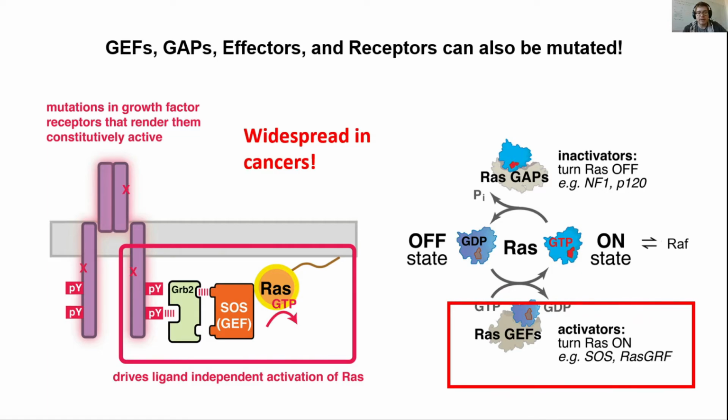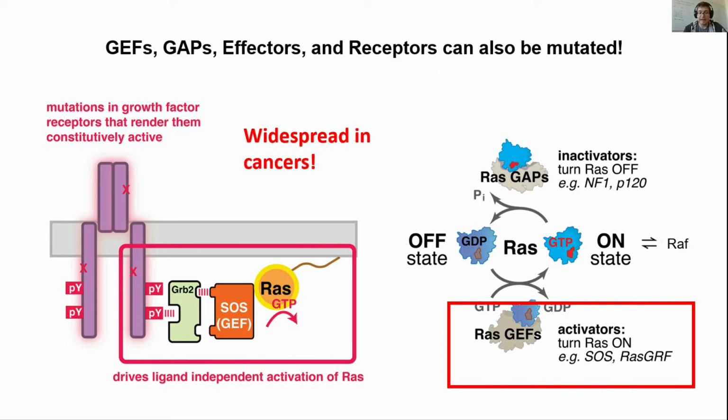In these cases, a receptor that normally will not have phosphotyrosine residues present unless growth factor is received will put those phosphotyrosine residues on all the time. And as you know, that phosphotyrosine is what's going to recruit your SOS GEF to the plasma membrane and trigger activation of RAS. So these mutations end up driving ligand-independent activation of your RAS GTPase.